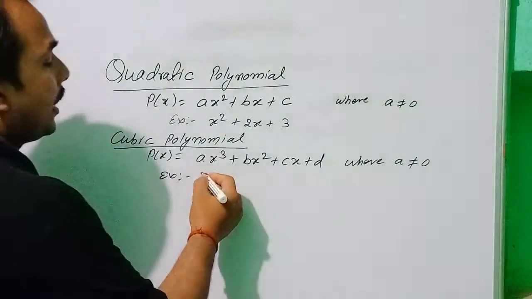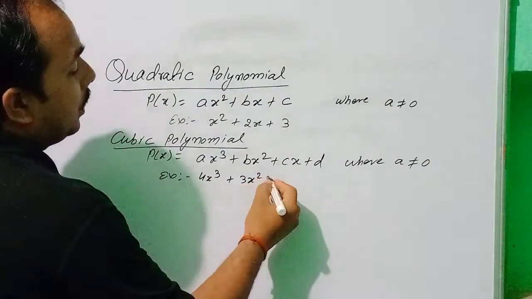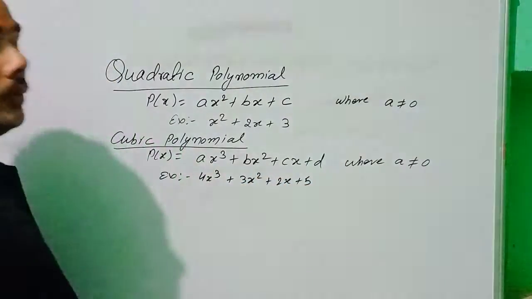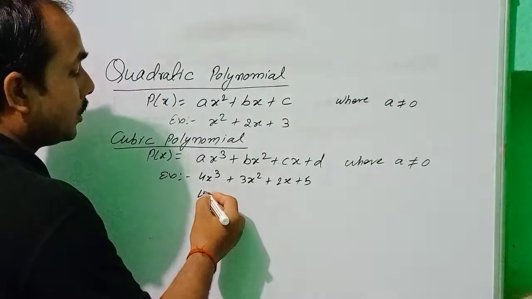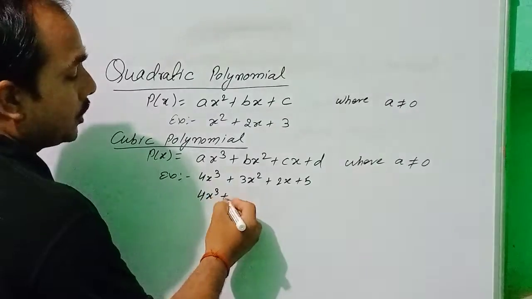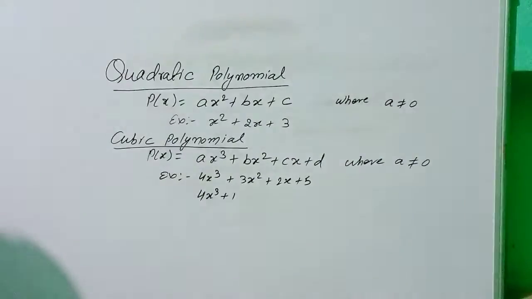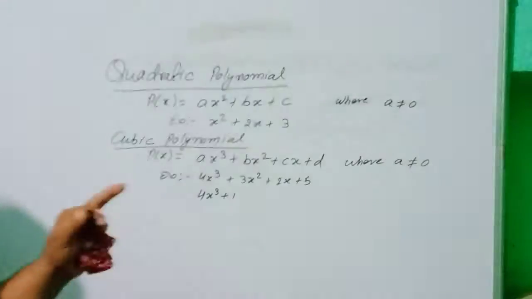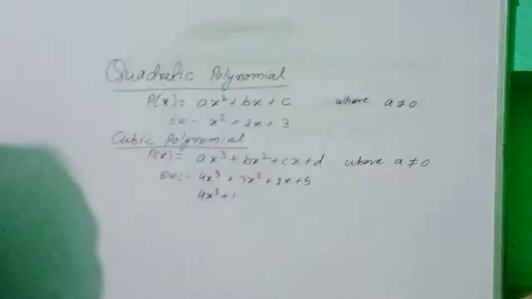Suppose I am writing 4x to the power 3 plus 3x square plus 2x plus 5. It is cubic polynomial. If we will write another example, just like 4x cube plus 1, it is also cubic polynomial. Okay? Because the power of cube is must.